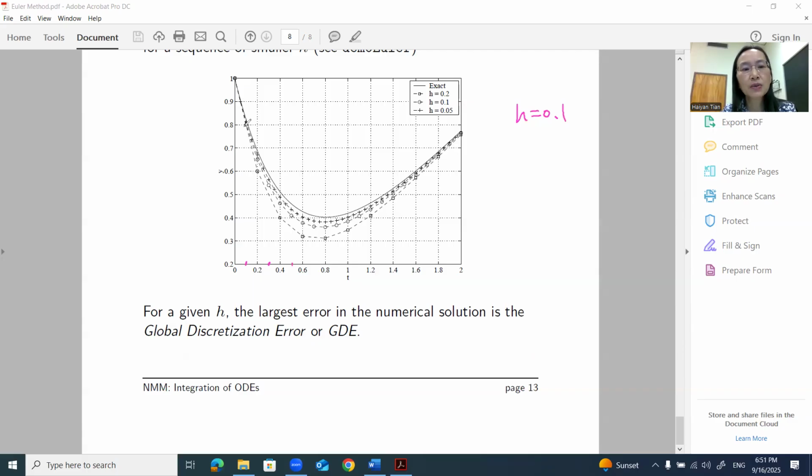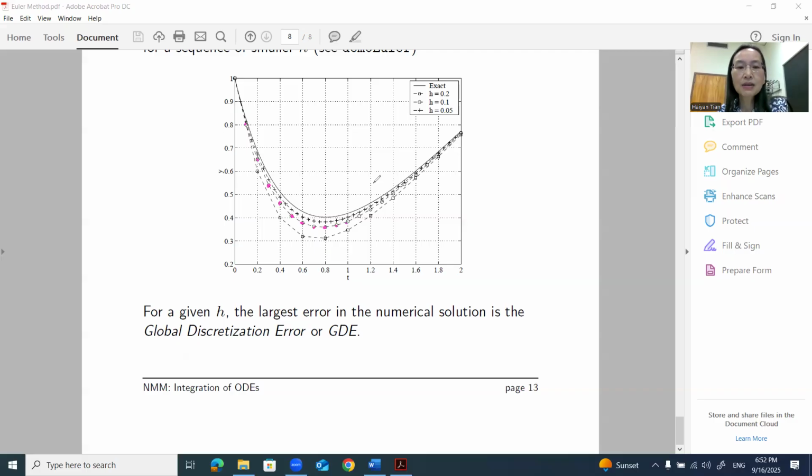So that's actually another curve. You see this, and at 0.5, 0.6, 0.7, 0.8, 0.9.